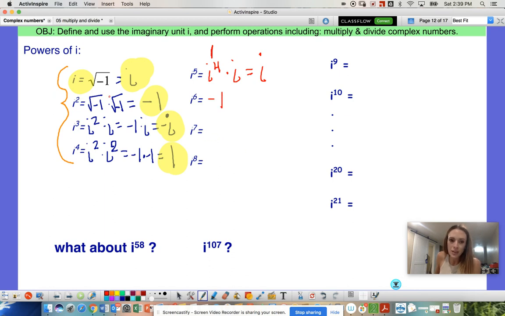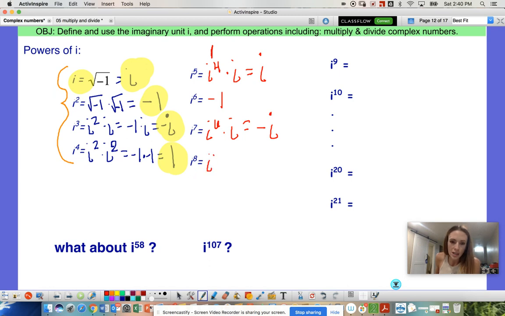I to the 7th, you can make any combination of these that you want. We can call it I to the 6th times another I, and we know I to the 6th is negative 1, so this will be negative I.